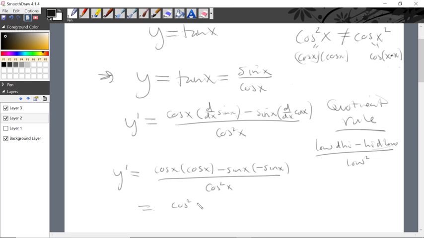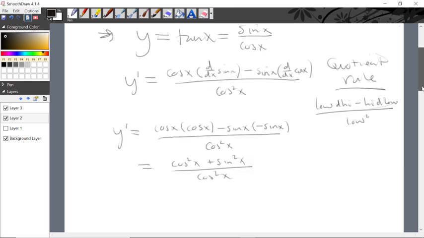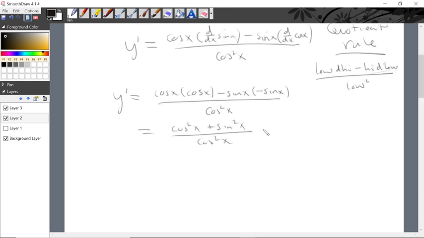So we get cosine squared x plus sine squared x over cosine squared x. Where do we go from here? Trigonometric identity. We have the Pythagorean identity: cosine squared x plus sine squared x is equal to 1. So this equals 1 over cosine squared x.